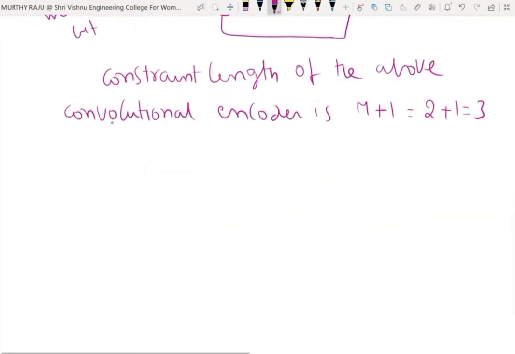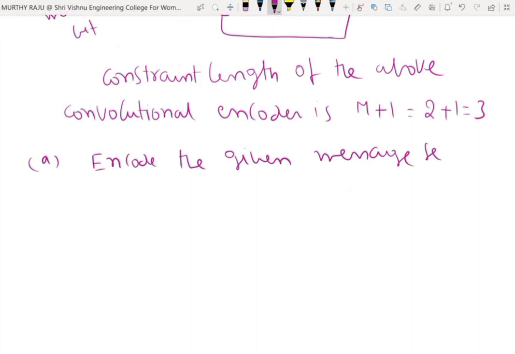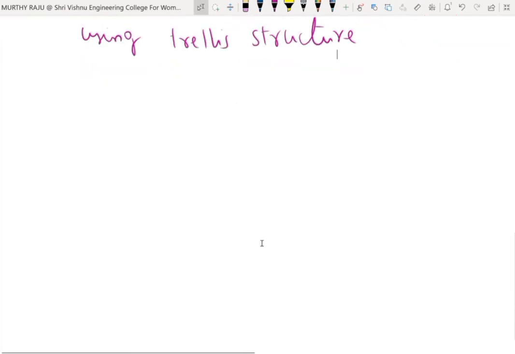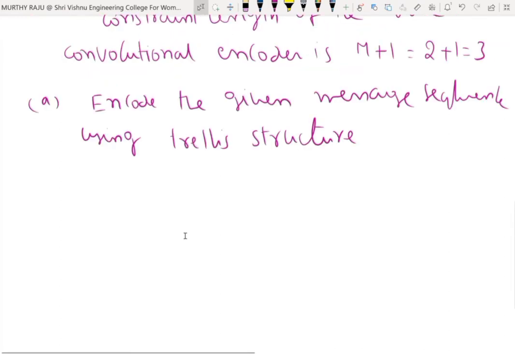First section: encode the given message sequence using trellis structure. The trellis structure is constructed with the help of a table, a transition table.